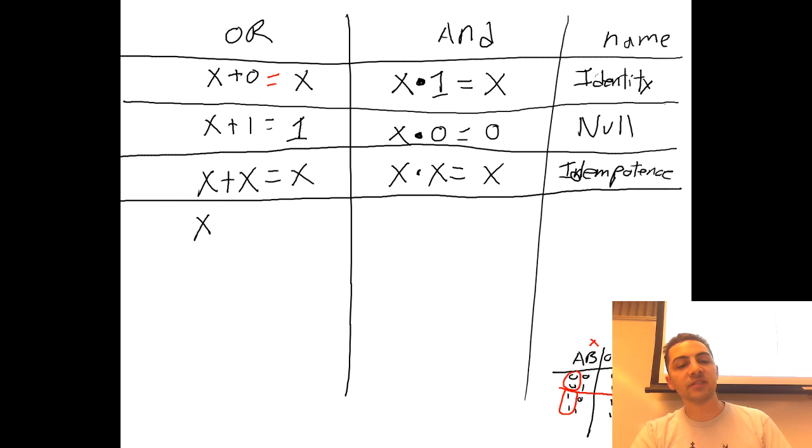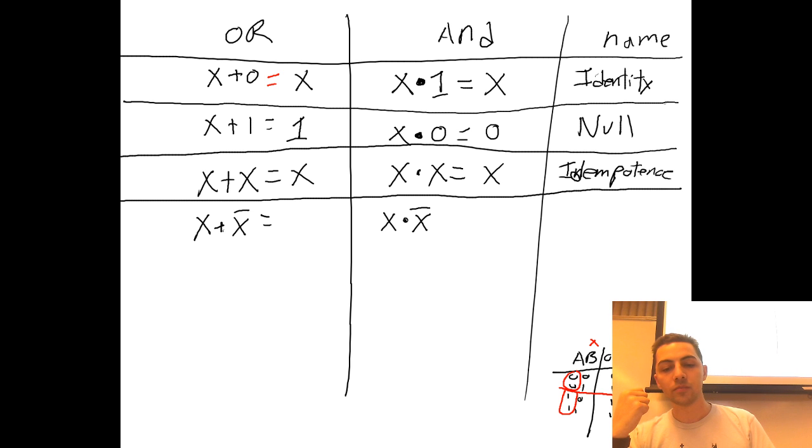The other piece of this is x ORed with x bar, and x ANDed with x bar. So look at it this way. If you have a 0 for x, 0 OR x bar, 0 OR 0 bar is 0 OR 1, which means you'll be in this row right here. 0 OR 1 is a 1.